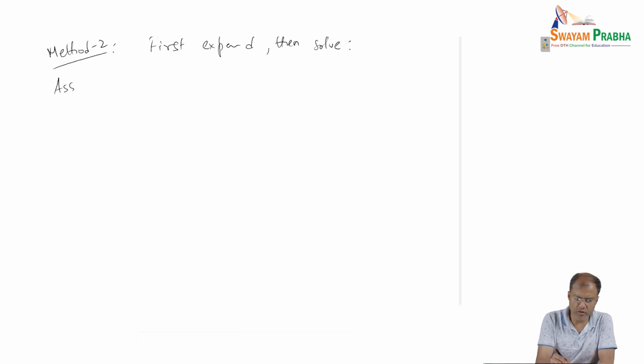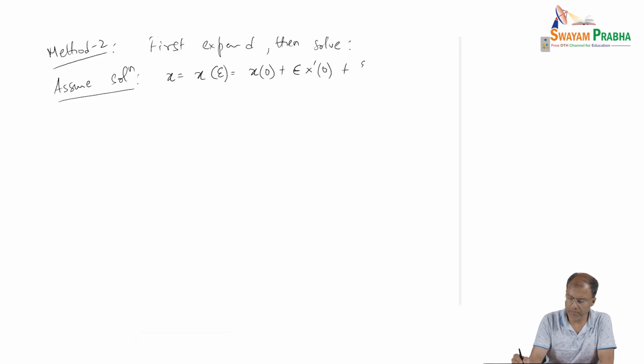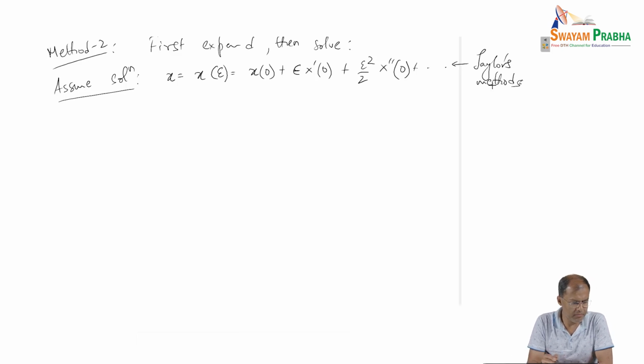So let us assume the solution is x(epsilon) = x(0) + epsilon x'(0) + epsilon squared by 2 x''(0) and so on. So this is Taylor's method, right? The Taylor series expansion, and we have used just the power series method.